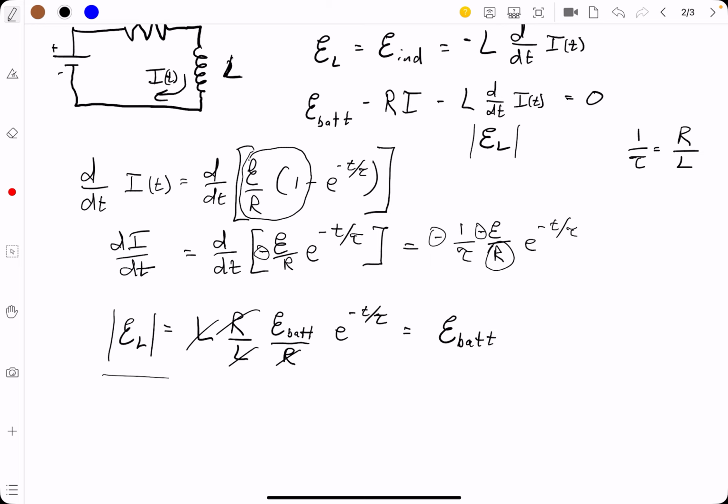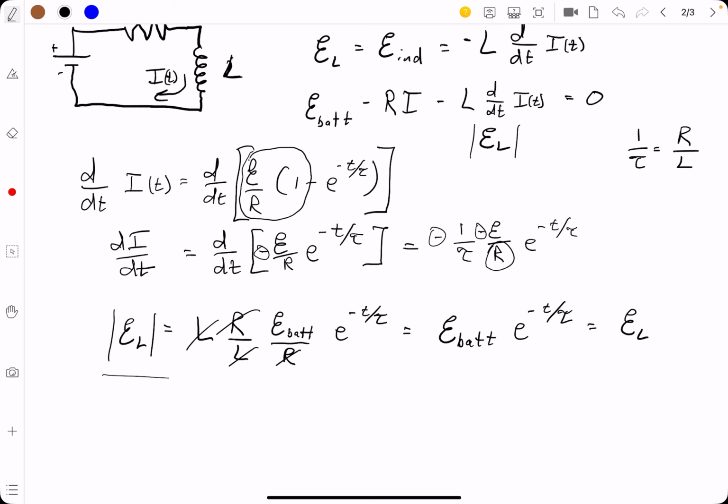If we multiply that by e to the minus t over tau, then we're going to get that inductor's potential, the potential across the inductor that we subtract when we do our Kirchhoff's law. So good.